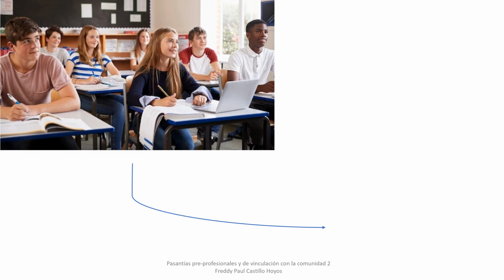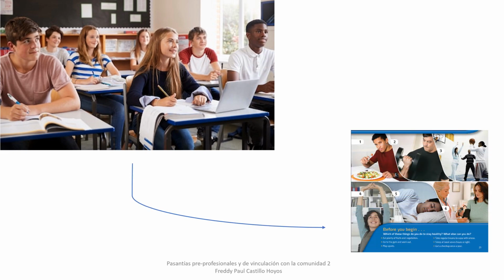Over here there is a picture of students in a horseshoe in the class, and the activity for them to do is to look at their student's book. They have some discussion questions.